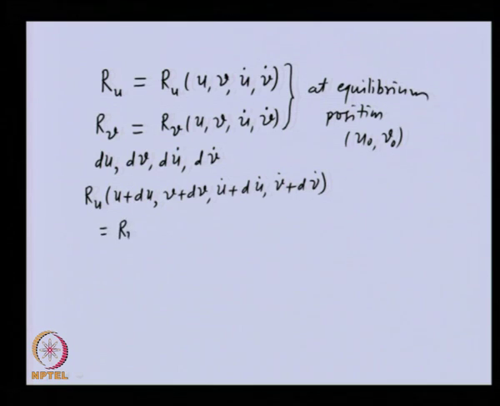So, let us say the reaction force in u direction at equilibrium position plus the variation components. So, this is the variation in du, then variation in dv, and the velocity components.